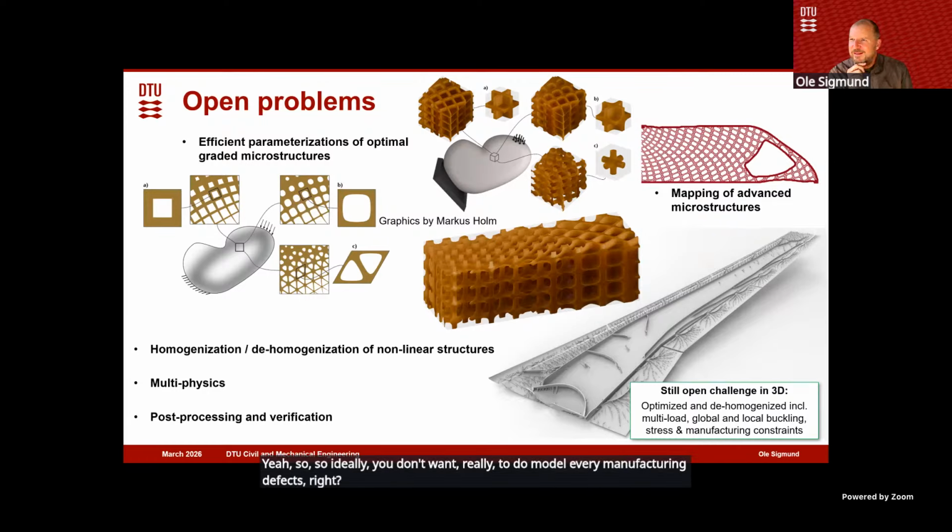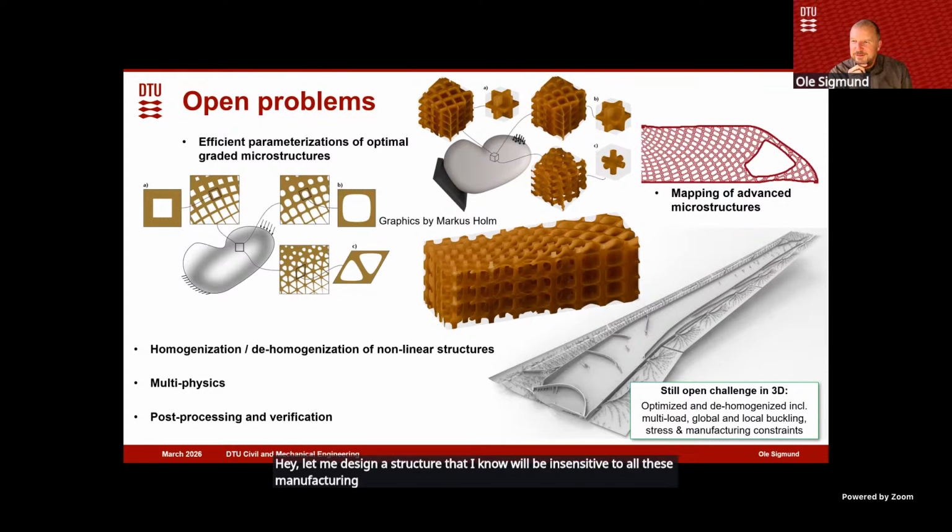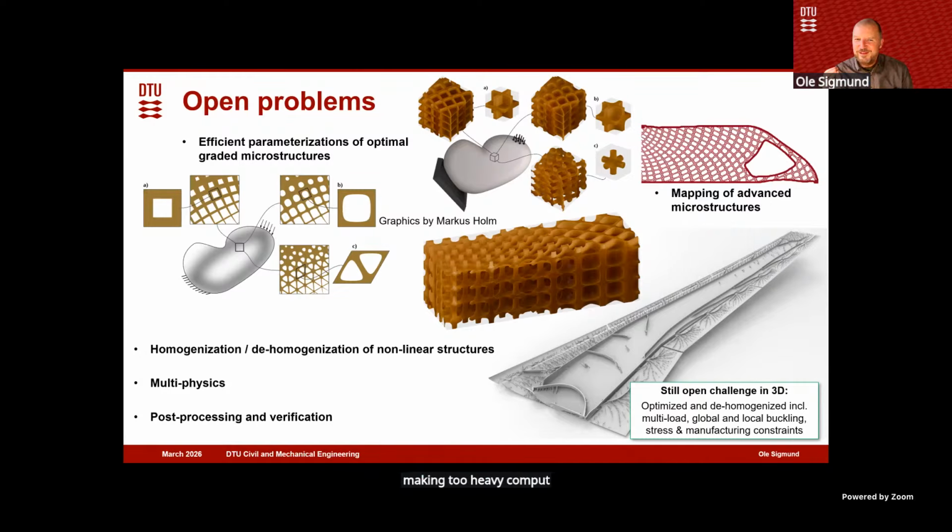You'd rather say, hey, let me design a structure that I know will be insensitive to all these manufacturing defects. And in that way, you would not need such an expensive model. So that's sort of my goal these days, to find efficient methods to avoid making too heavy computations to include all manufacturing variations, right?